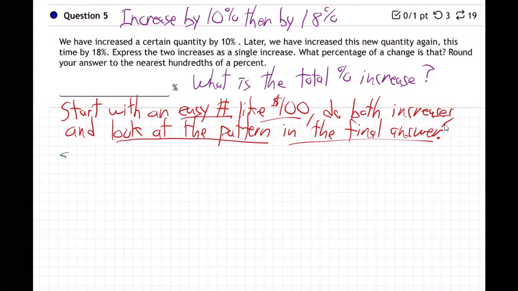So let's do it. Let's start with $100 and let's do the first step. Let's increase it by, what they say, 10%. So how do you increase? I think this is something we can all do. How do you take $100 and increase it by 10%? $100 plus 100 times the 10%.